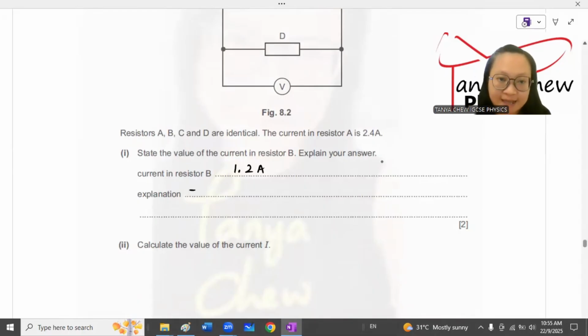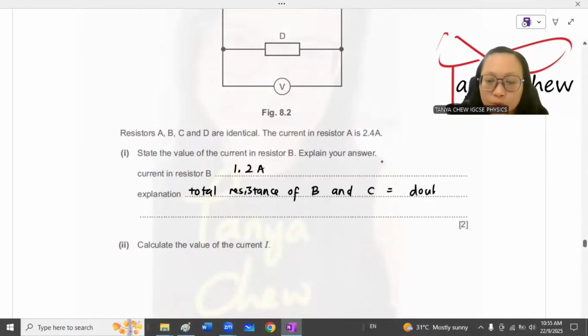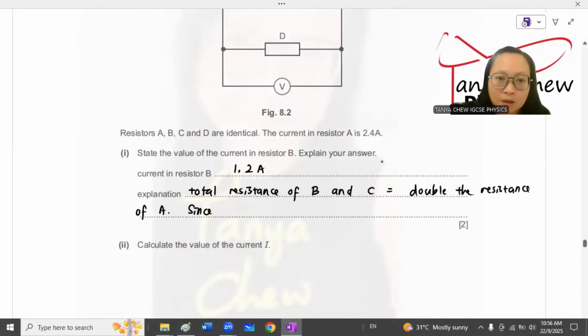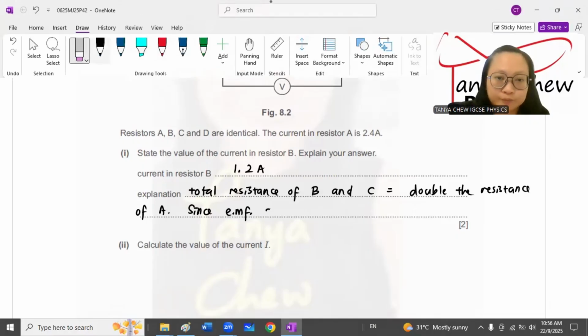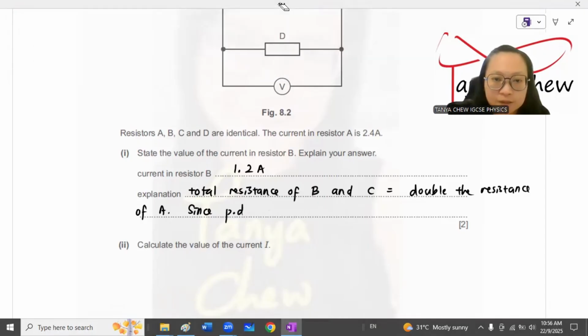My explanation is that the total resistance of B and C is equal to double the resistance of A. Since the branches are connected in parallel, the PD across B and C and A is the same.